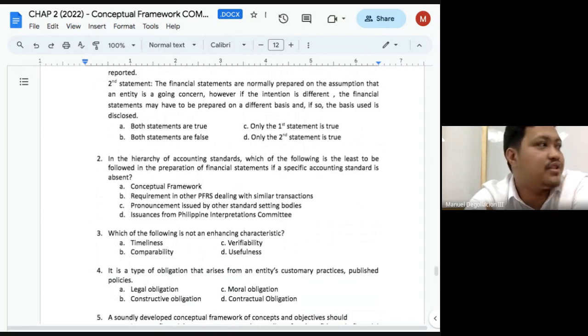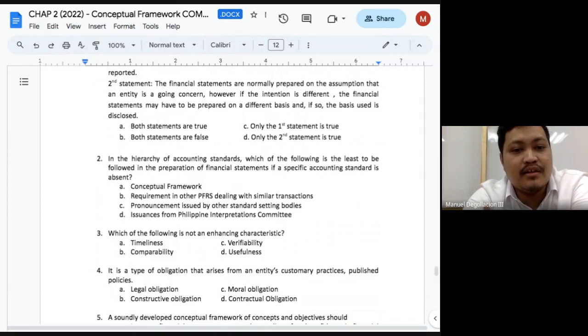If you have reached past 1 in your readings, which is chapter 3 in our textbook, you would have read there that your issuances from the interpretations committee actually constitute an IFRS or a PFRS. So if you have an existing PIC, it's the same as if you have an existing standard. So if there is a PIC, follow the PIC. It is recognized in the same way as your issued standards.